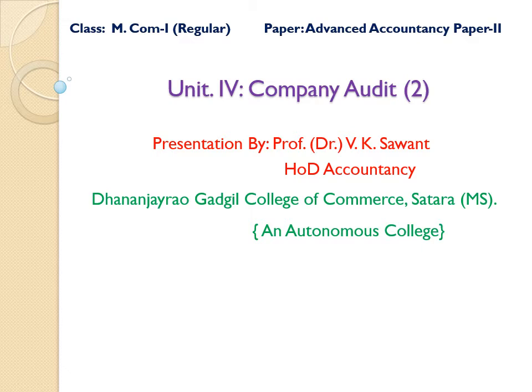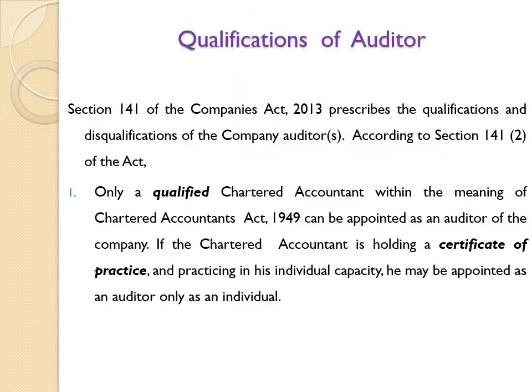Now we are going to discuss company audit. In the previous lecture, in offline mode, we got certain information about company audit. In the present lecture, I would like to highlight qualification and disqualification of company auditor.